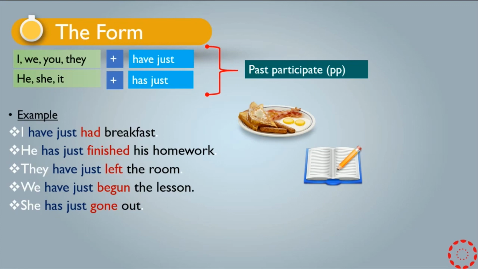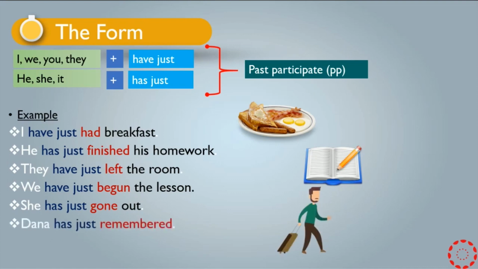So you have to memorize them, like gone, begun, left, and had. Or you can say Dana has just remembered. Also, when we have a name, we use has just, because it refers to he.